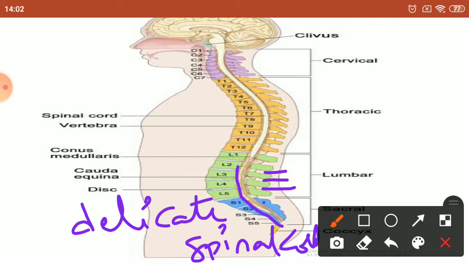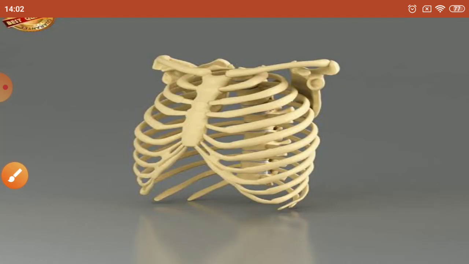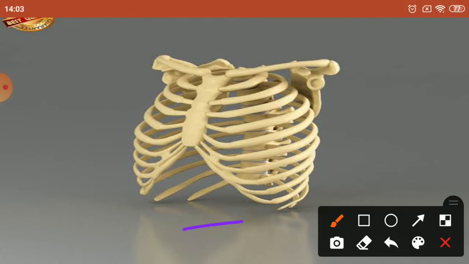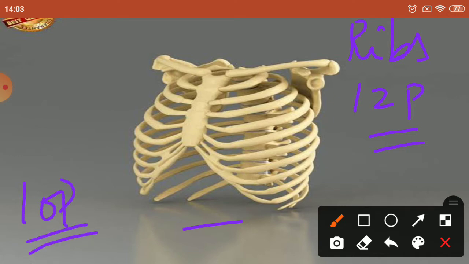Now after the vertebral column, the next part of our skeleton is, yes, absolutely, the rib cage. The rib cage is made with 12 pairs of bones, called ribs. Of these 12 pairs, the first 10 pairs are completely fixed ribs.